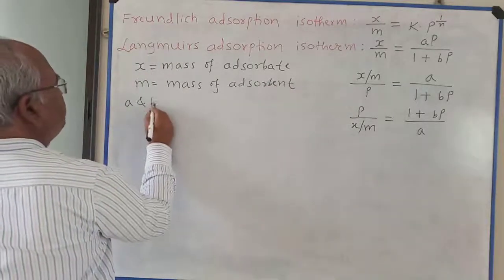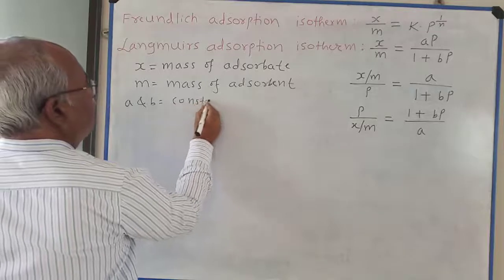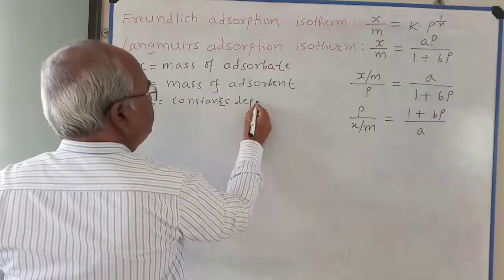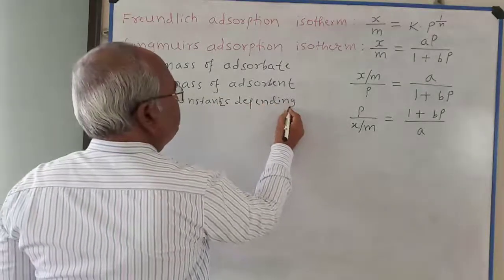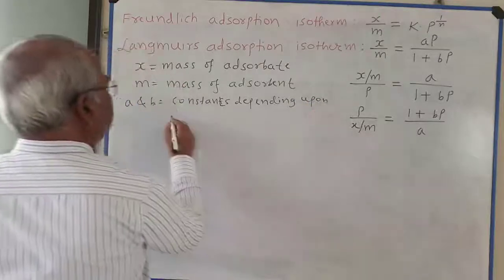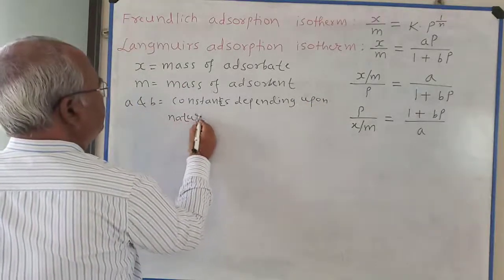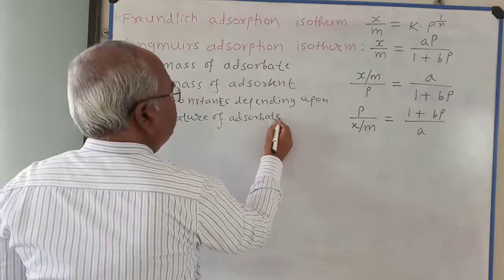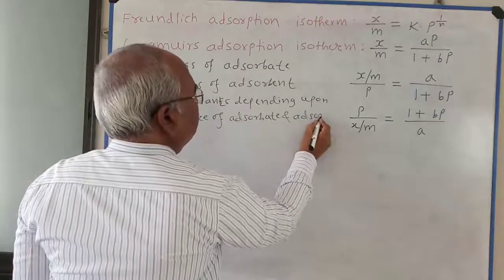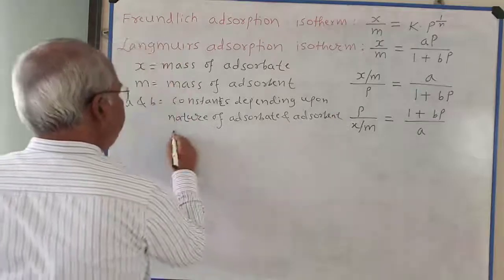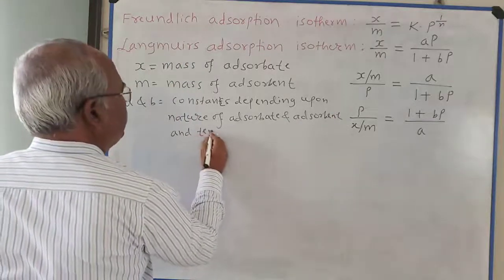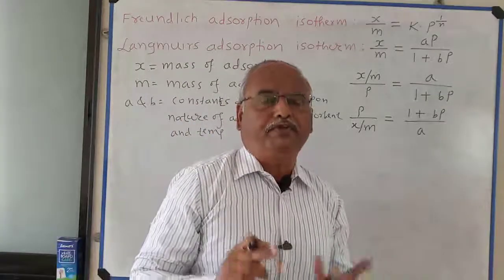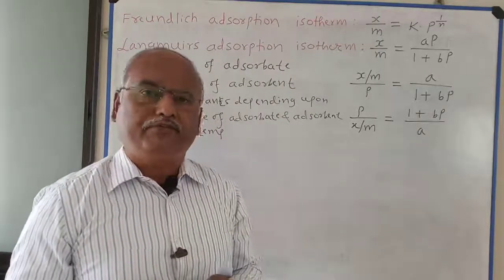A and B are the constants, depending upon the nature of adsorbate and adsorbent and temperature. P is equilibrium pressure.